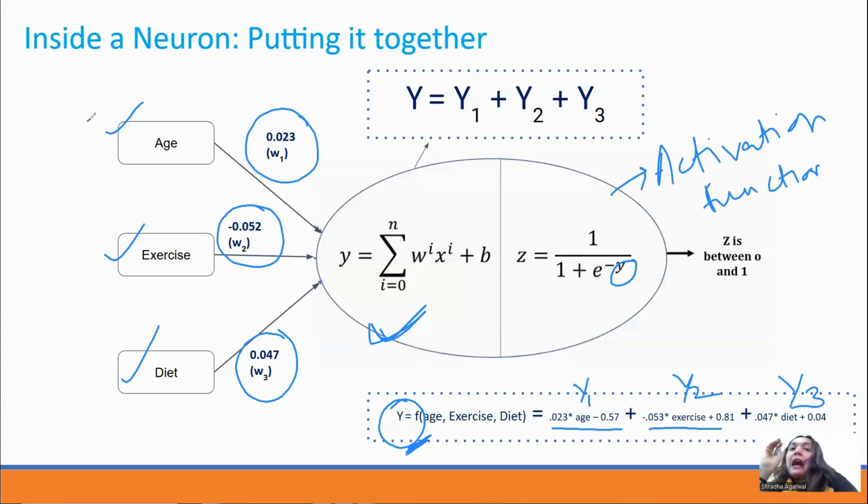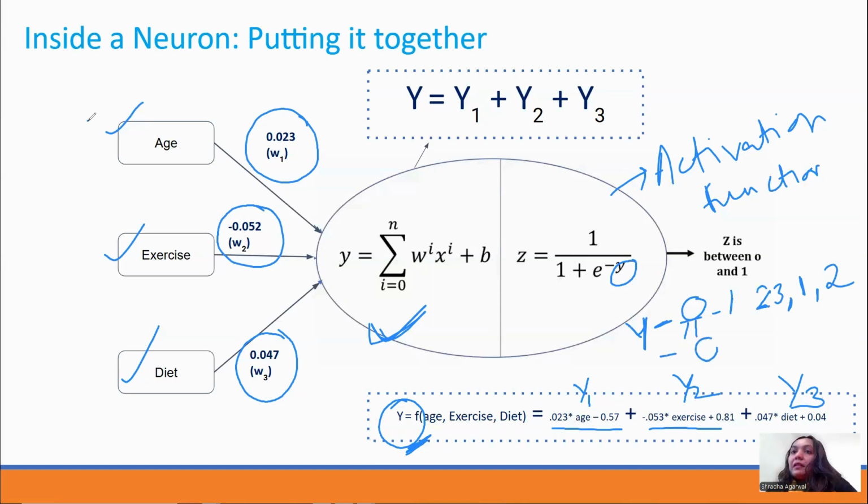Meaning that I bring 3 people in, and I have 3 data sets in, and one person is here. This has age of 23. Exercise, he does once. Diet is very good, 2 times. And you can calculate now whether he will have dementia or not. So this is the final y of this person that I will put in, and I'll get one value out.